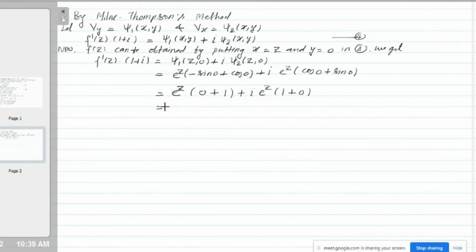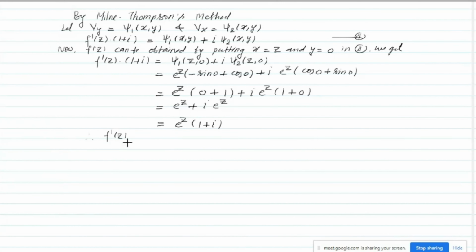So this becomes e raised to z plus I times e raised to z. Okay, so e raised to z is common over here. What is the remaining bracket? 1 plus I.